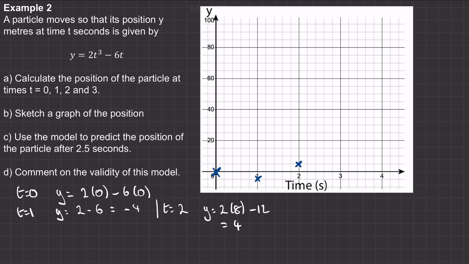And then finally, when t equals 3, we have y is equal to 2 lots of 27, 2 cubed, minus 6 lots of 3, so 36. So that will be here. And then we can finish this off by joining them together with a smooth curve.